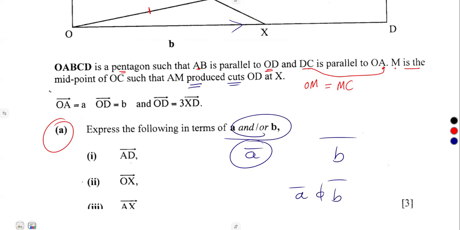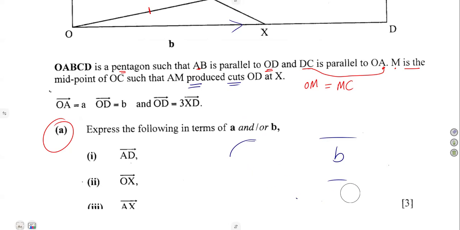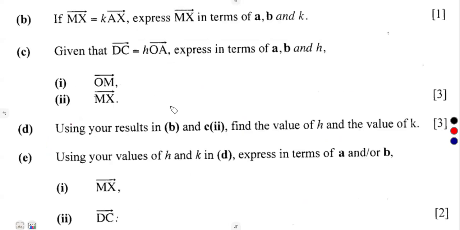That is the concept that you're given there. So don't be surprised if some answers are written in terms of B only or A only. All right, so we have to answer this and the other section of the questions.